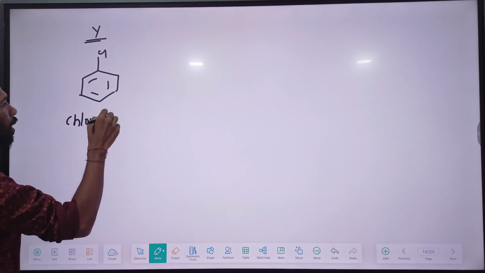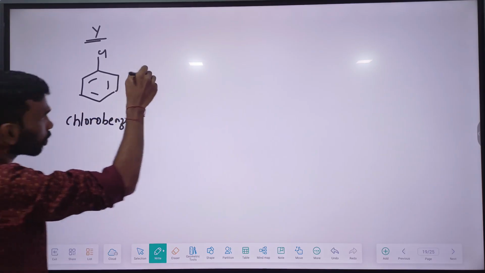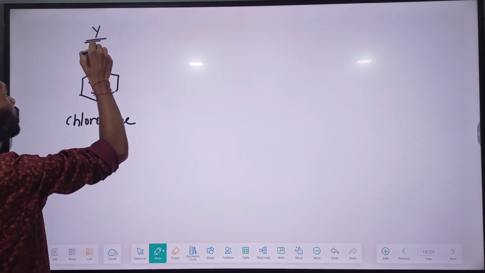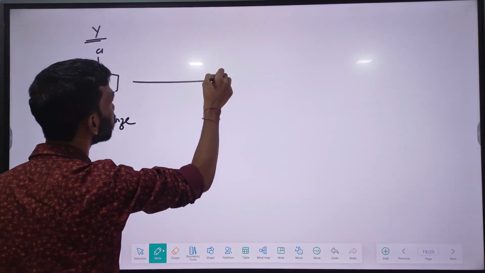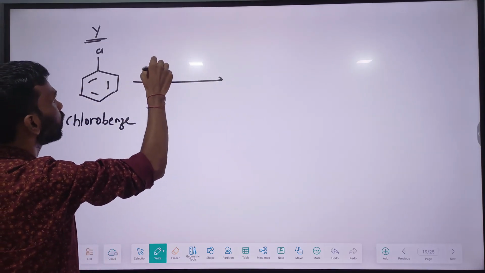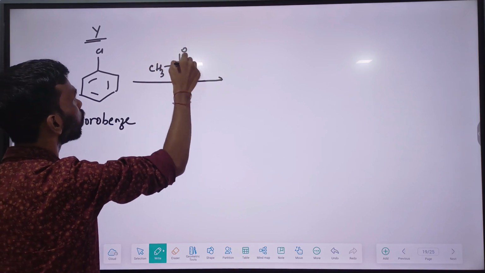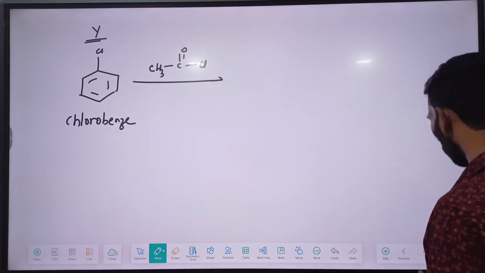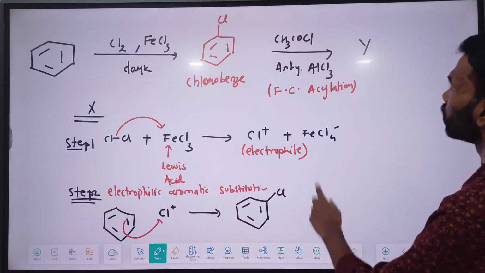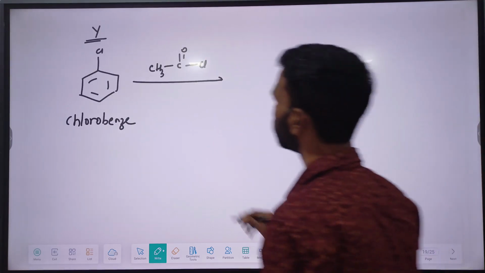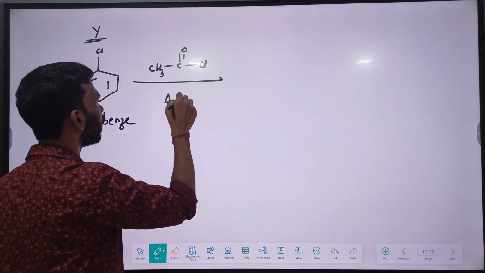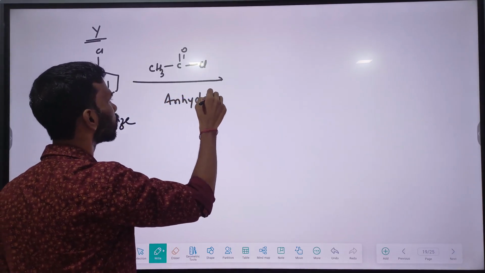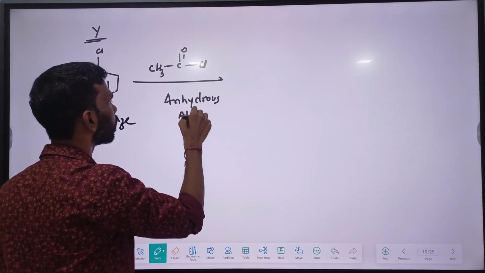And the reaction you are doing is with CH3COCl, an acid halide or ethanoyl chloride, in the presence of anhydrous AlCl3.